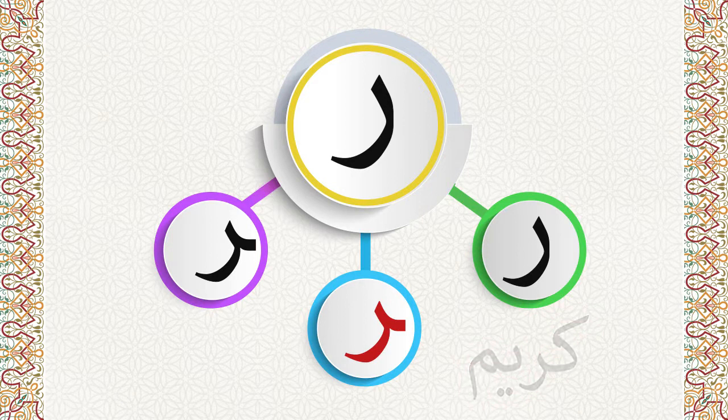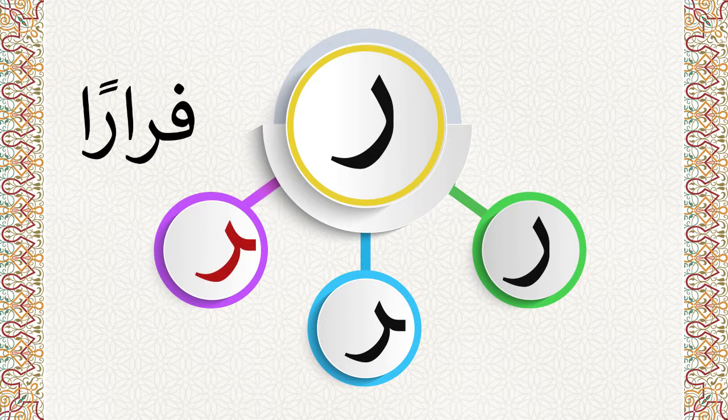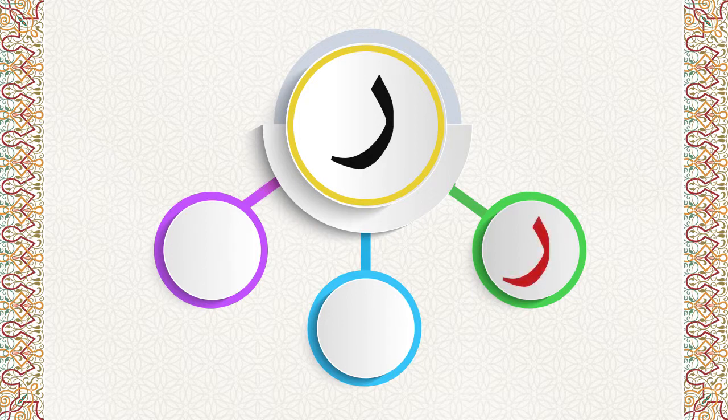When Ra comes at the end of the letter, this is the shape of the Ra at the end of the letter. For example, Firara. These are the three shapes of the Ra: beginning of the letter, middle of the letter, and end of the letter.